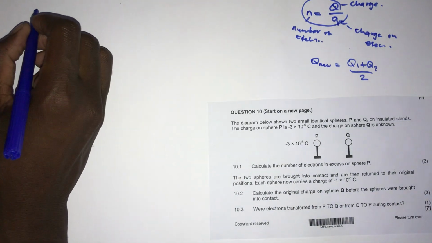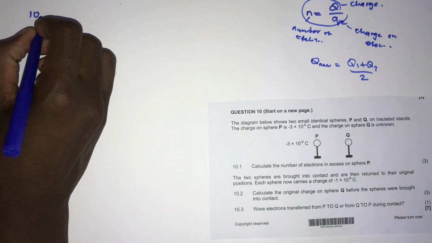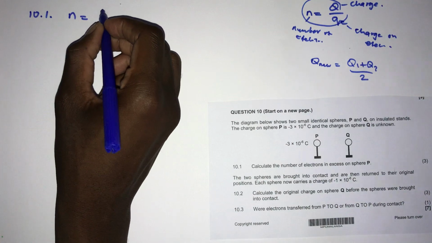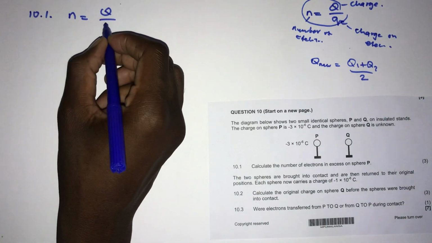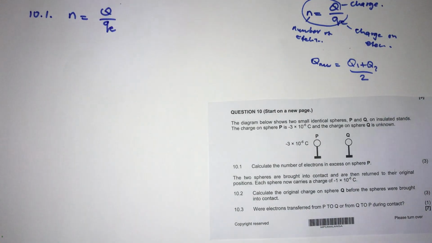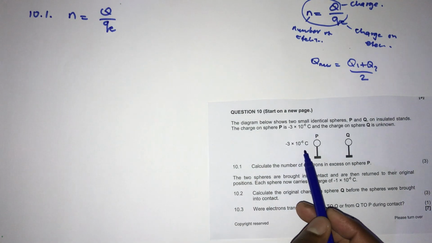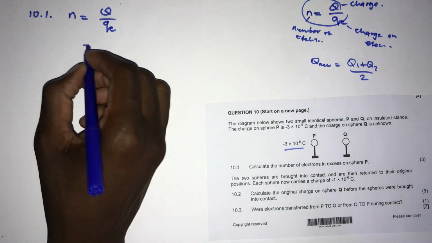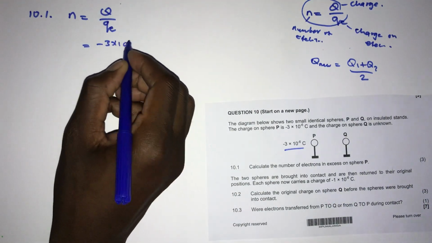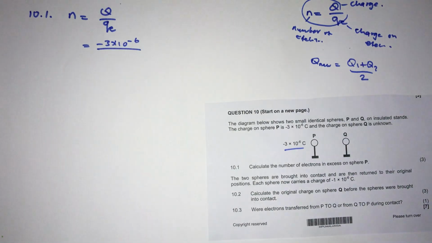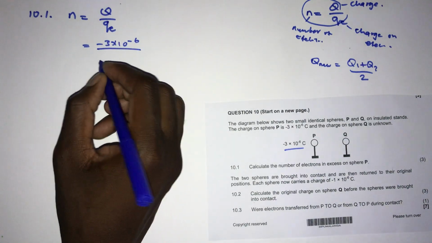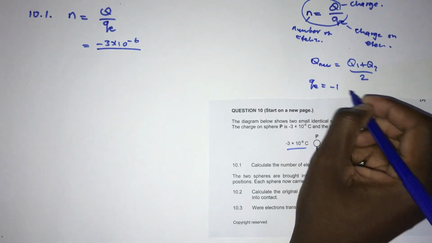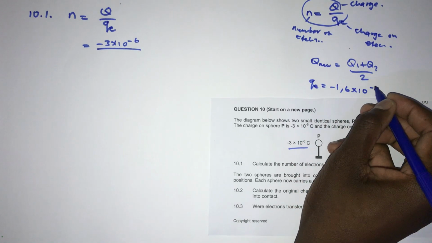10.1, the number of electrons is equal to the charge all over the electron charge. The charge is given as -3 times 10 to the -6, over the electron charge, which is -1,6 times 10 to the -19.